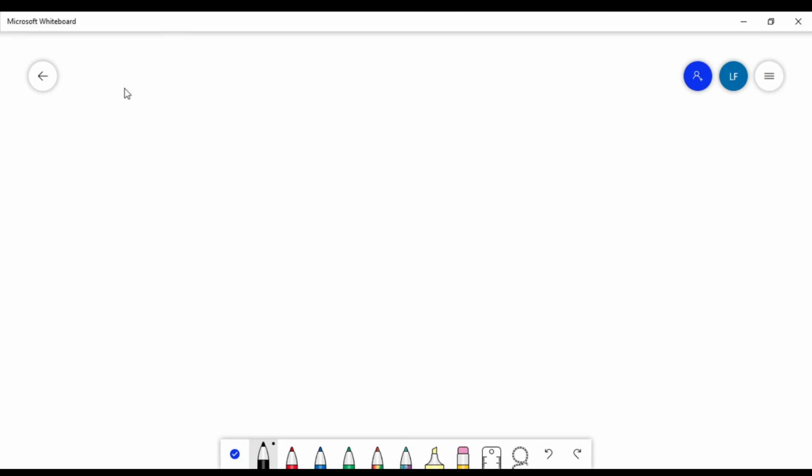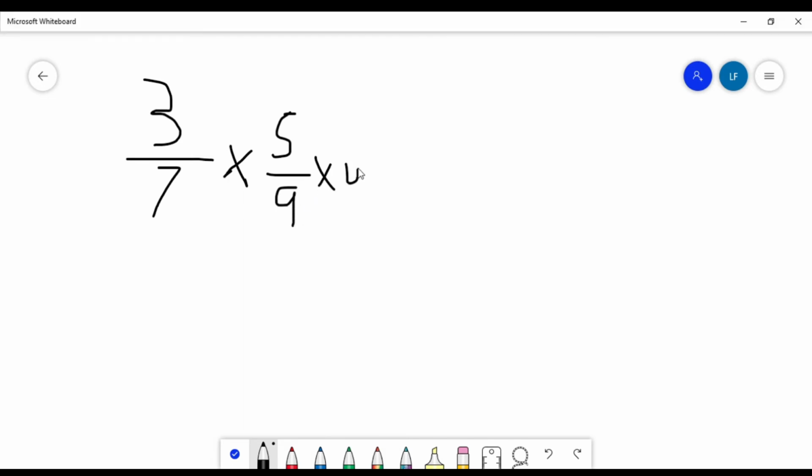3 by 7 into 5 by 9 into 4 1 by 5. You see, it's a combination of all the types of fractions into one.